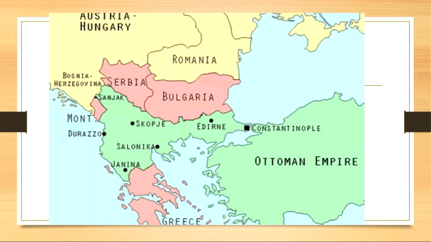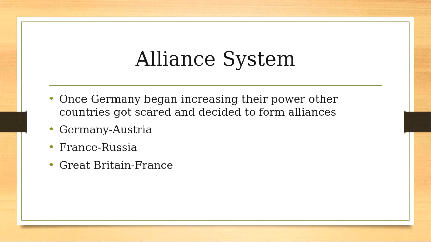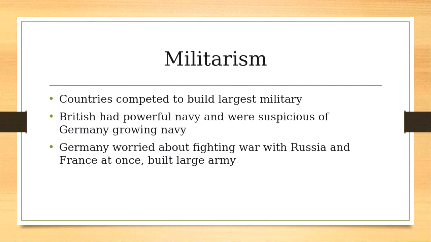And with that comes the alliance system, where with that fear of being attacked, you start reaching out and making friends and making alliances. Then you also start building up your military as well. And when you have a lot of toys, basically you want to go and play.